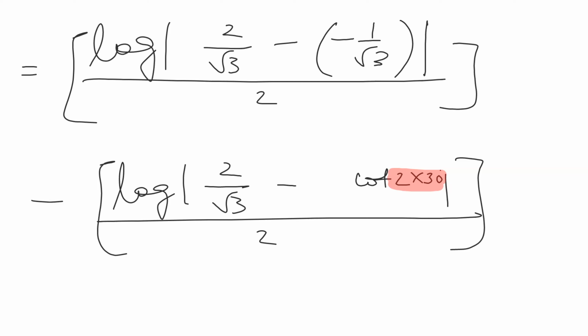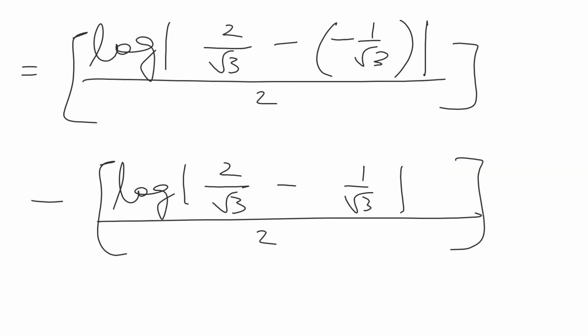Cot 60 is the reciprocal of tan 60, right? So tan 60 is nothing but root 3. So cot 60 will be 1 upon root 3. Just put a modulus over here.